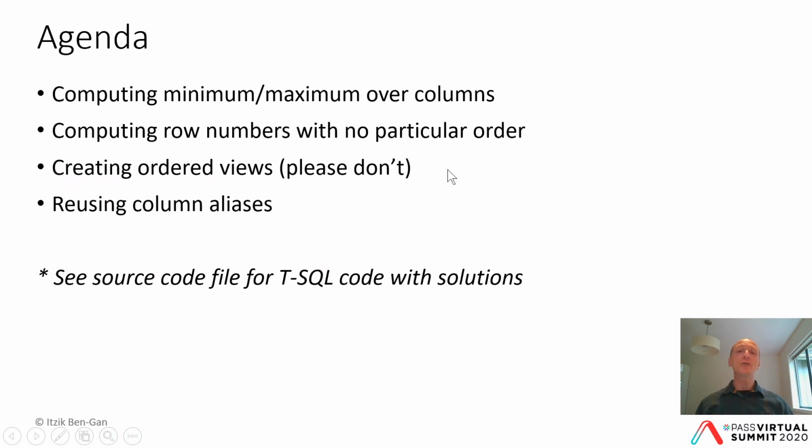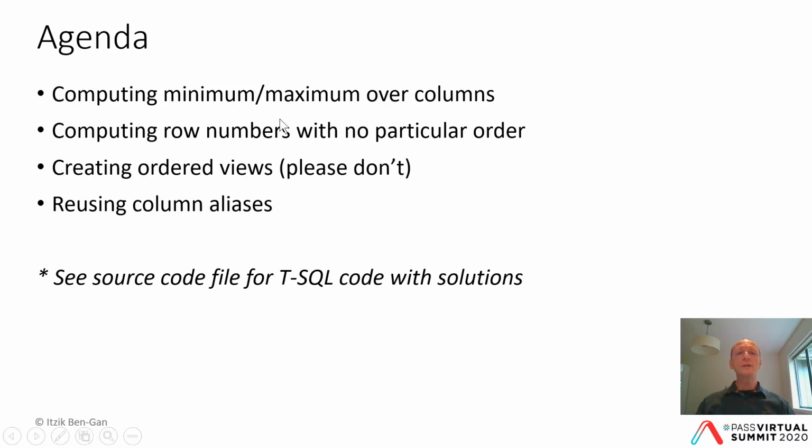As for the agenda, we're going to go over the following items, basically starting with features that you would normally like to see in T-SQL as language elements, but you don't have those and you need to come up with your own workarounds or customized solutions.